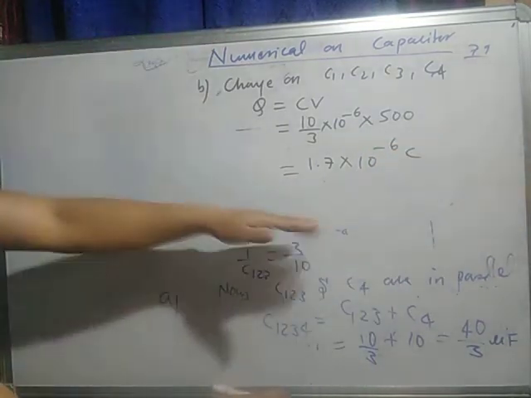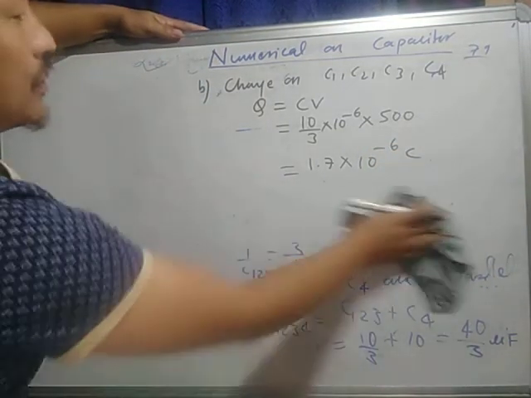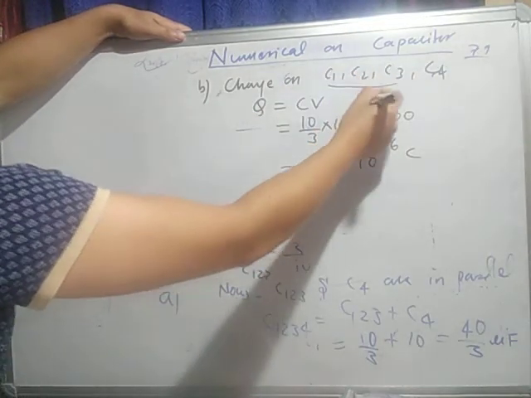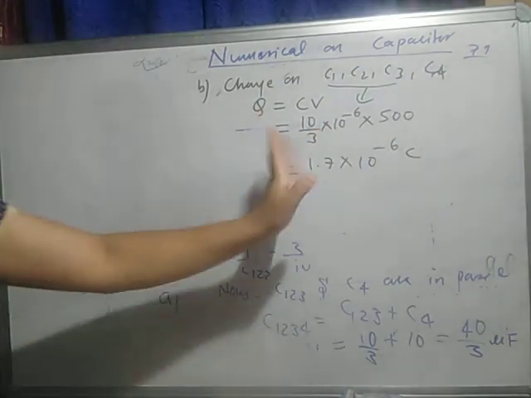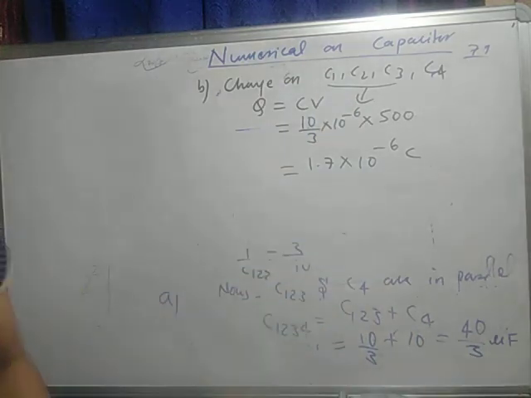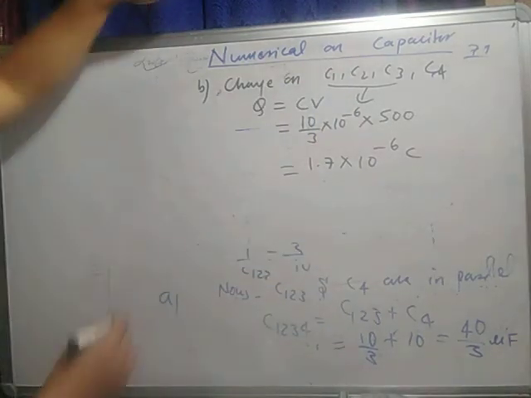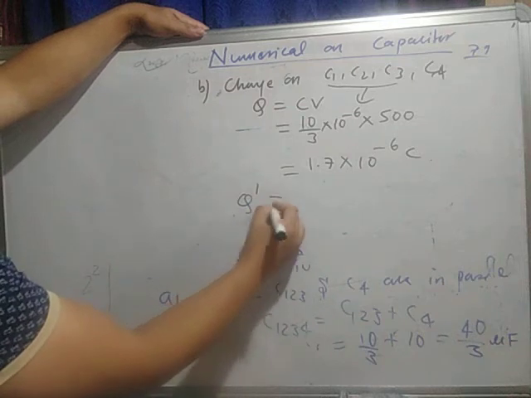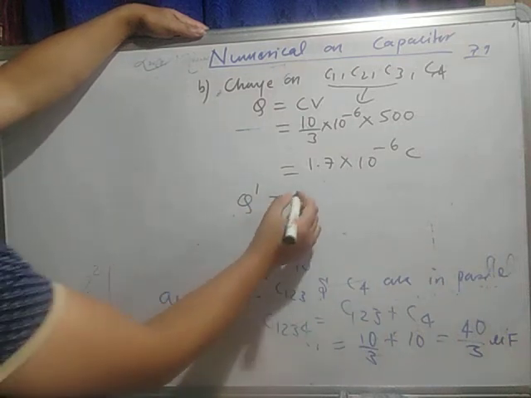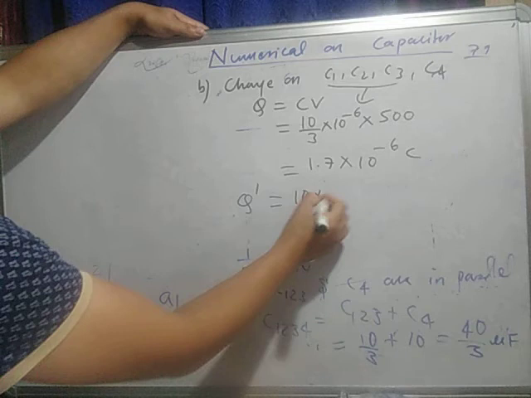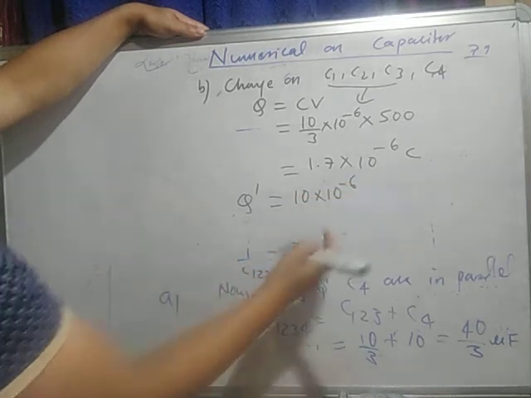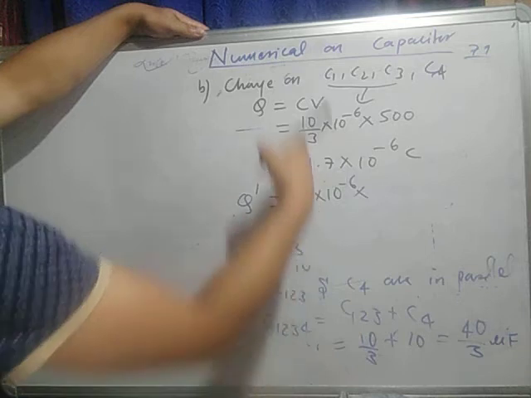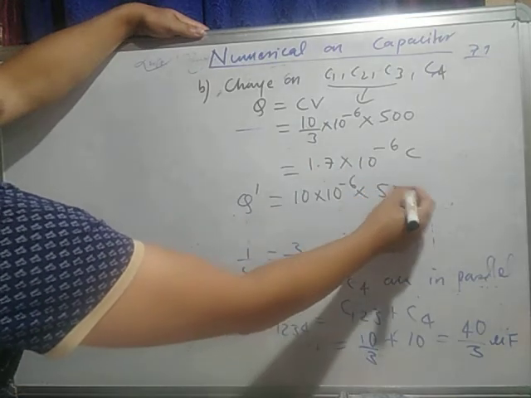Now the charge on the second capacitor C4. These are for C1, C2 and C3. This much charge is there because the charge is the same in C1, C2 and C3. Now C4, that is our Q dash. So Q dash equals 10 into 10 to the power minus 6, that is the capacitance, C into V, with V 500.